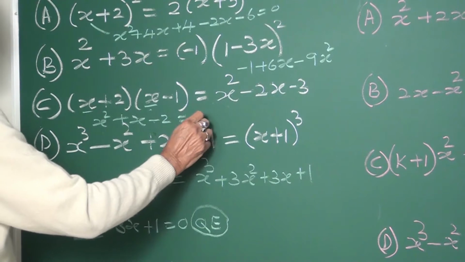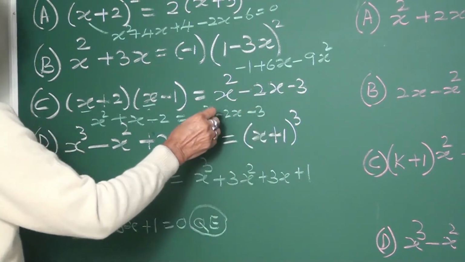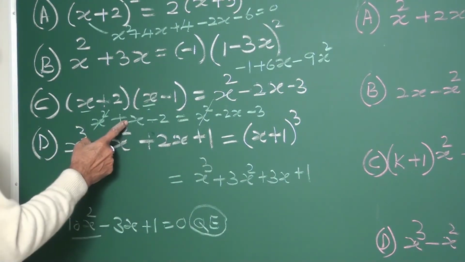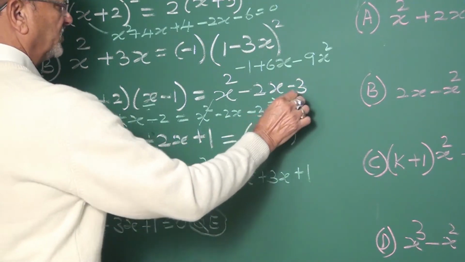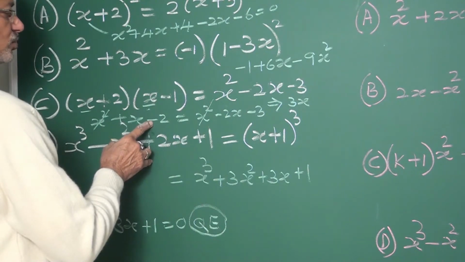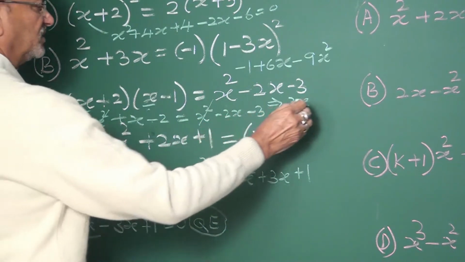This x square, my friends, cancels. Minus 3. This x square cancels from both sides. Then what is the power of x? Plus x minus 2x is 3x. You have minus 2 plus 3, taking this side. Minus 2 plus 3 is plus 1.